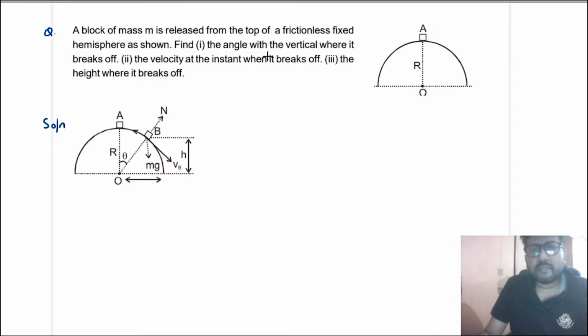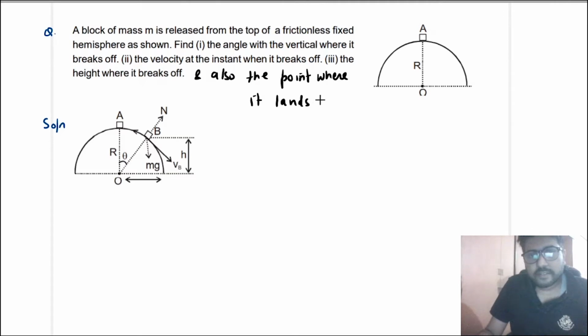Find the angle with the vertical where it loses contact or where it breaks off, and also find the velocity at this instant, and also the height where it breaks off, and also the point where it lands on the ground.